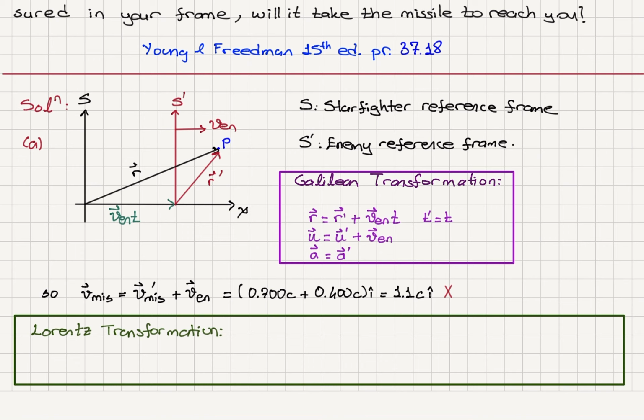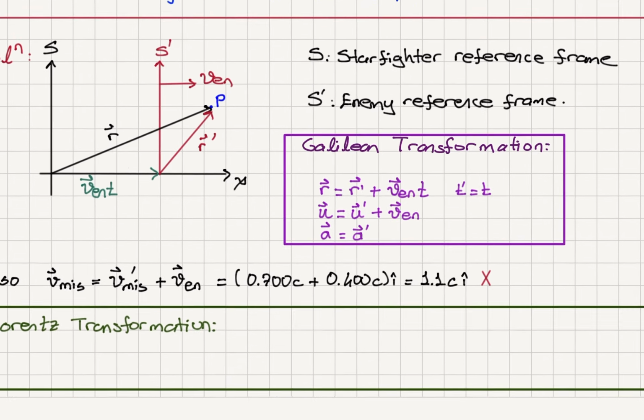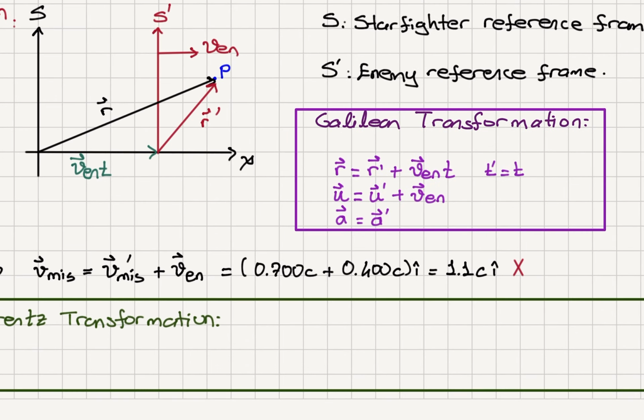So instead of reporting the x coordinate in this manner, x is equal to x prime plus the velocity of the S prime reference frame with respect to S, v enemy, multiplied by t prime, and we have a relativistic correction factor gamma here.